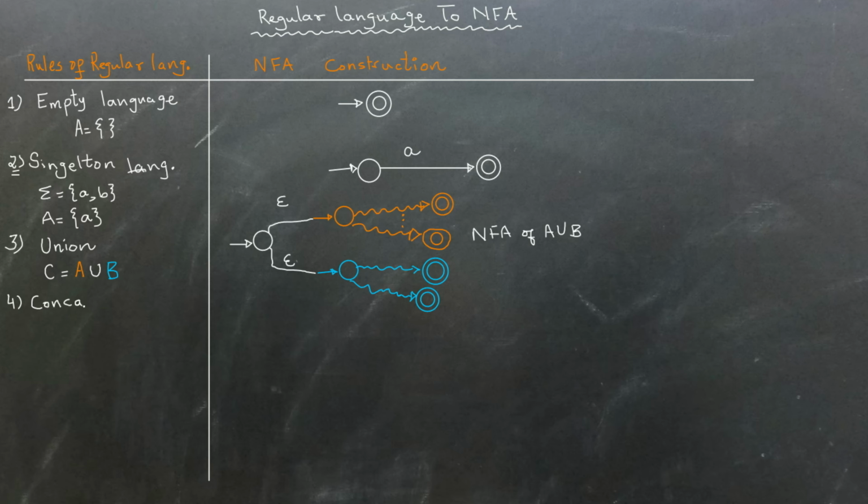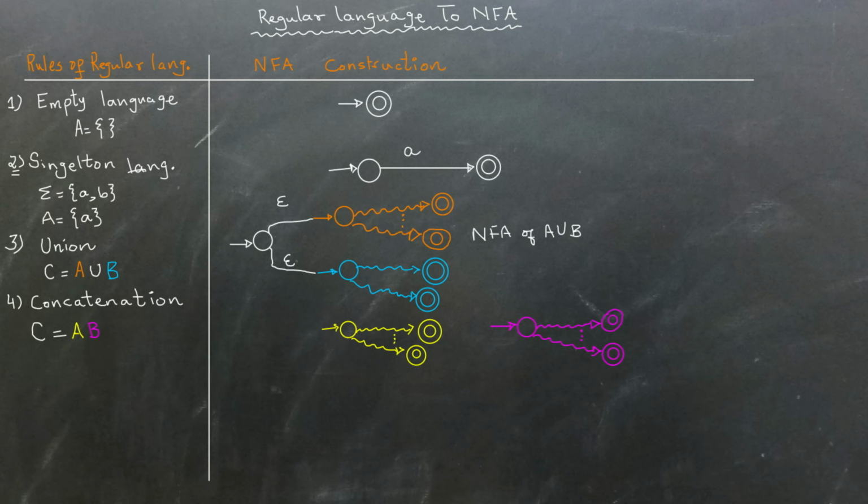Next, let's discuss concatenation. If we want to construct an NFA for the language C, which is the concatenation of the regular languages A and B, the process is similar. Again, assume we already have NFAs for language A and language B represented with wavy lines.